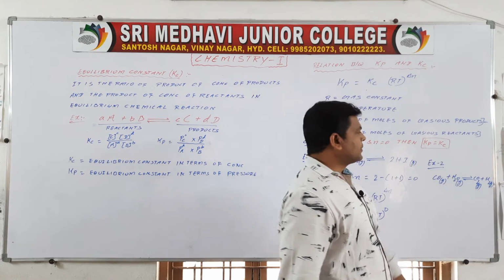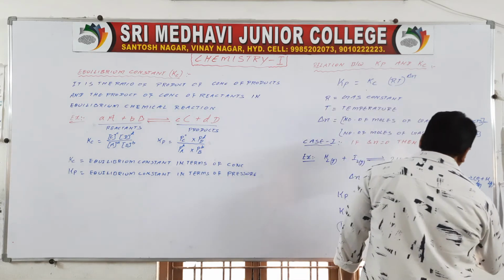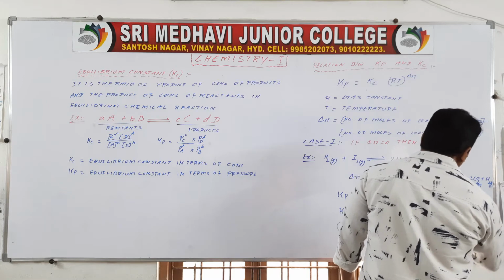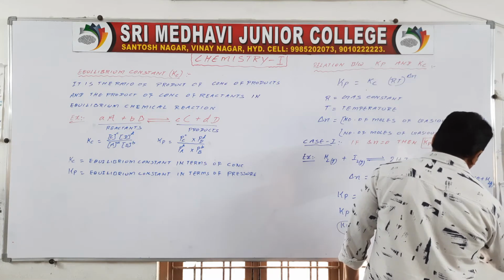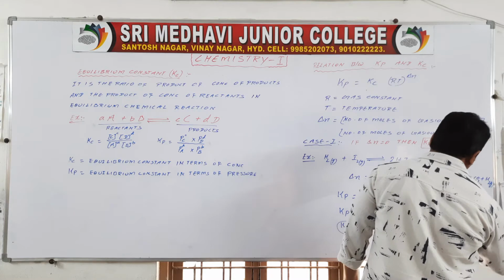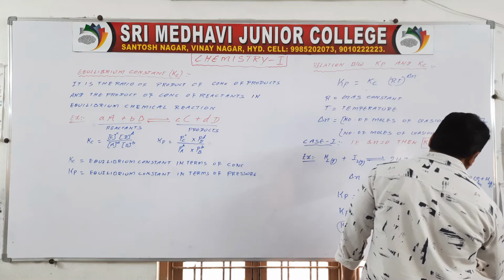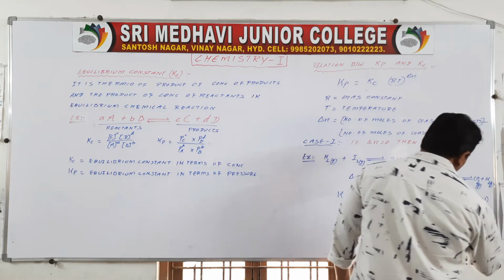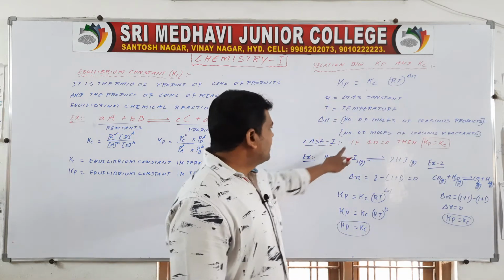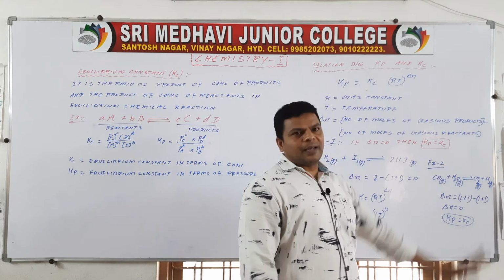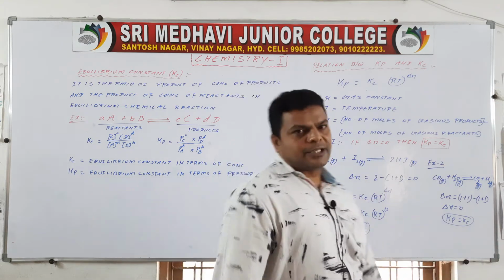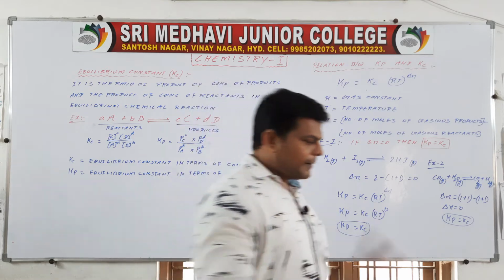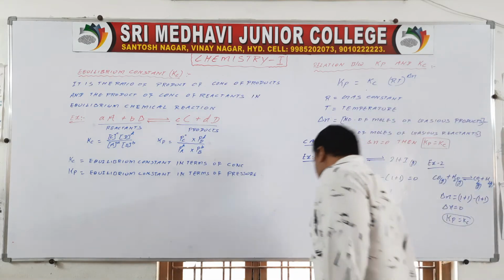Here also delta n equals 1 plus 1 minus 1 plus 1, so 0. Then Kp equals Kc. If delta n equals 0, then Kp equals Kc. These two are examples of reactions with Kp equal to Kc.